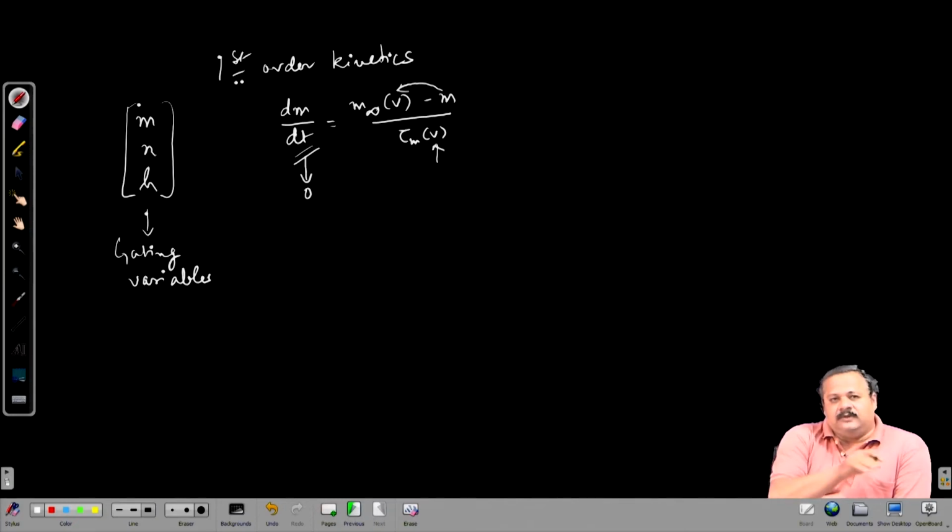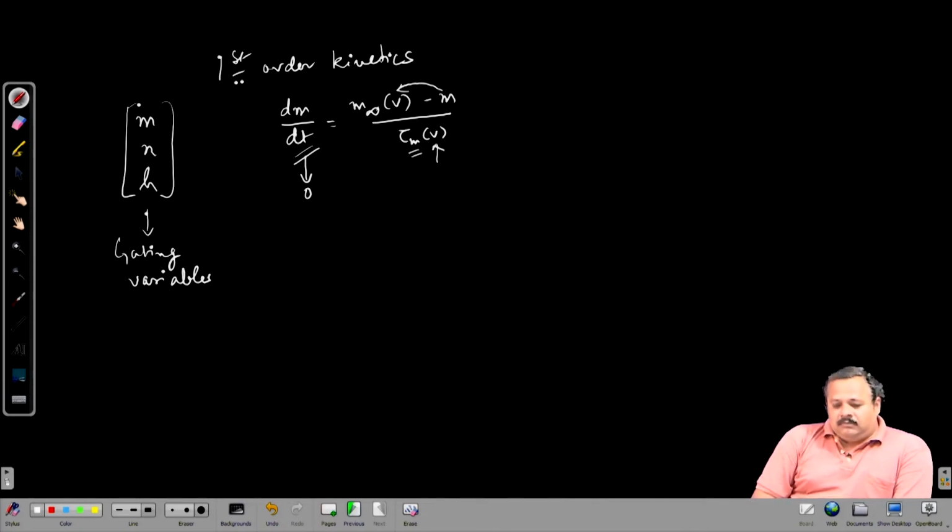So, if we are holding it for a very long period of time, ultimately m has to become m infinity V. And how fast it reaches that m infinity V is this time constant, tau m V.